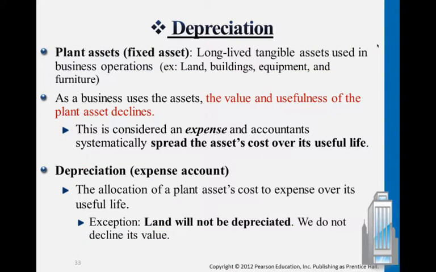Now, what is depreciation? Remember, this is a new account that we use to measure the value of the long-term asset, specifically the part of the long-term asset that is no longer useful. This is a measurement that we use in accounting. It's not that the asset is really missing a piece, or that we're selling it to anybody.